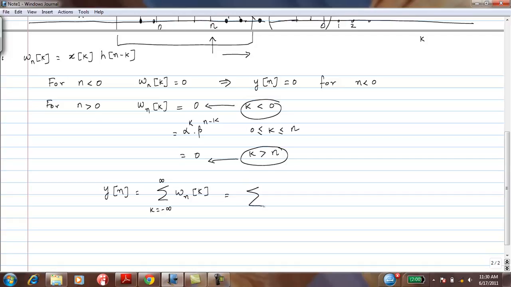So this summation can be written as summation from 0 to n, alpha to the k times beta to the n minus k, which I can write as beta to the n times summation 0 to n, alpha to the k times beta to the minus k, which is actually the same as alpha over beta to the k.